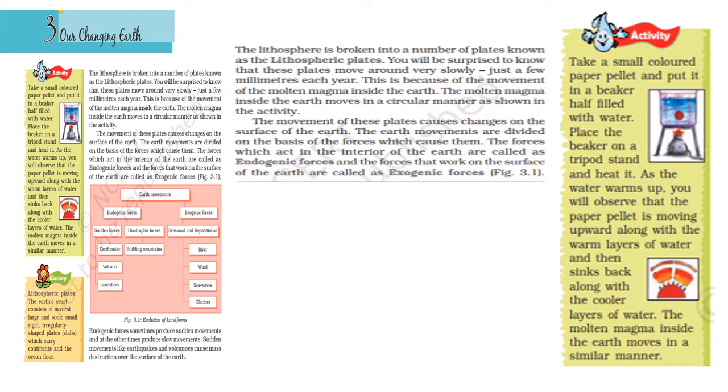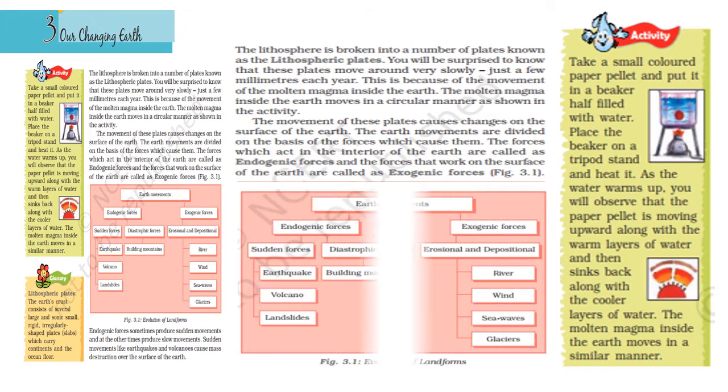The earth movements are divided on the basis of the forces which cause them. The forces which act in the interior of the earth are called endogenic forces, and the forces that work on the surface of the earth are called exogenic forces.